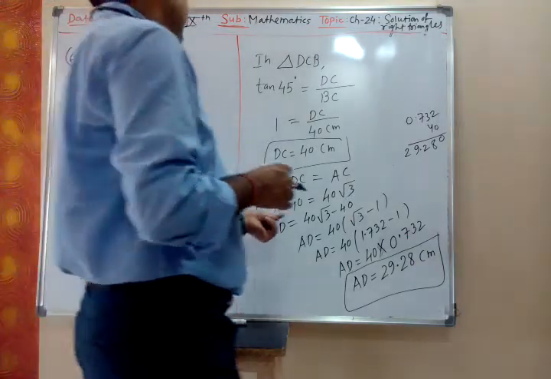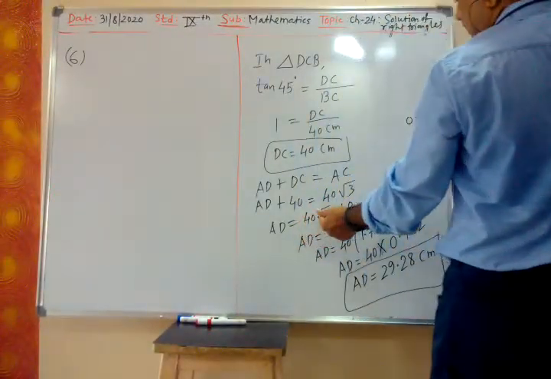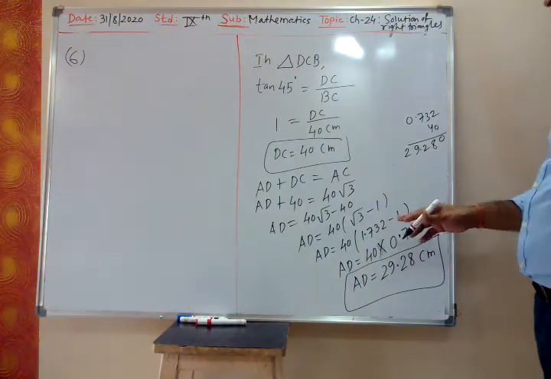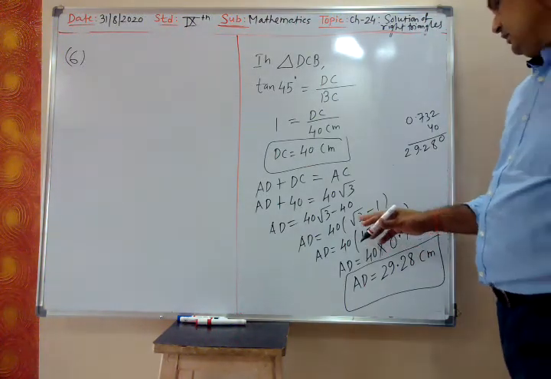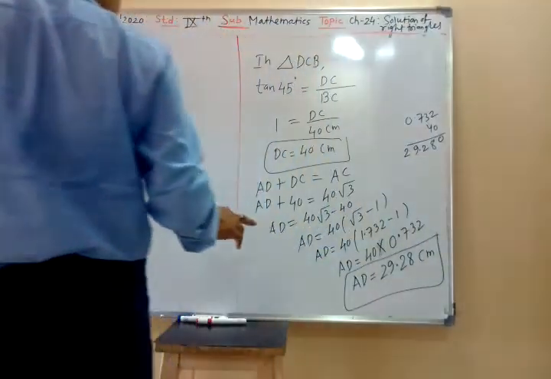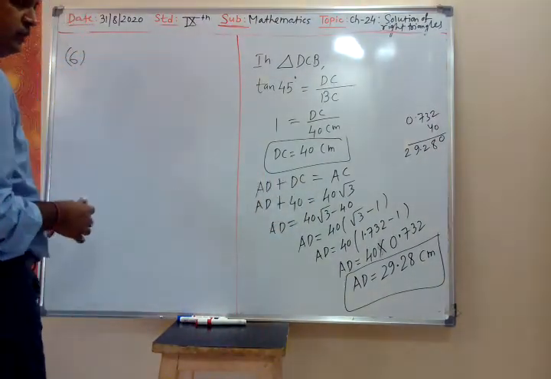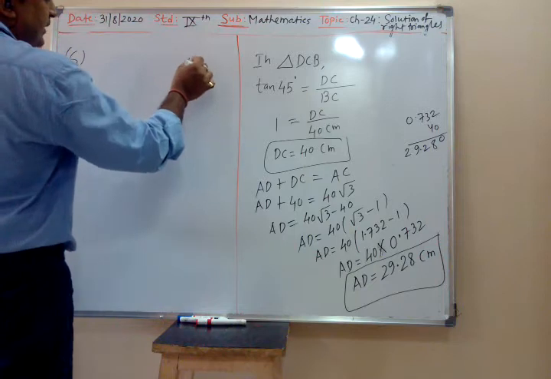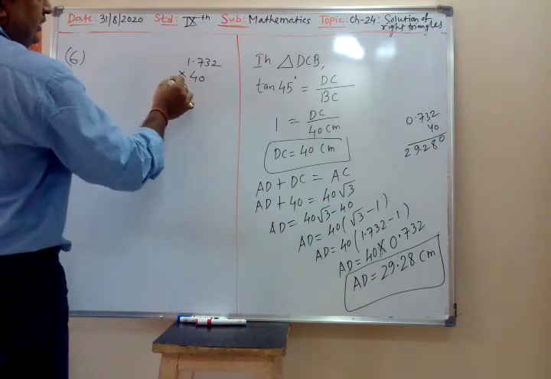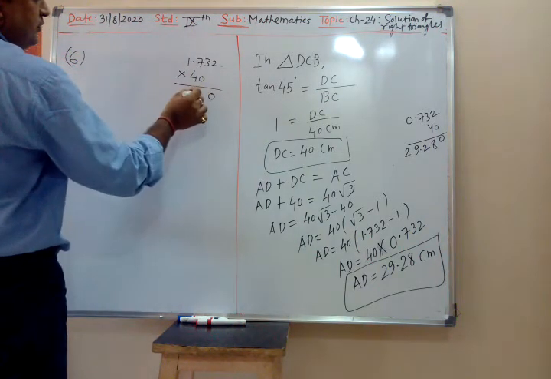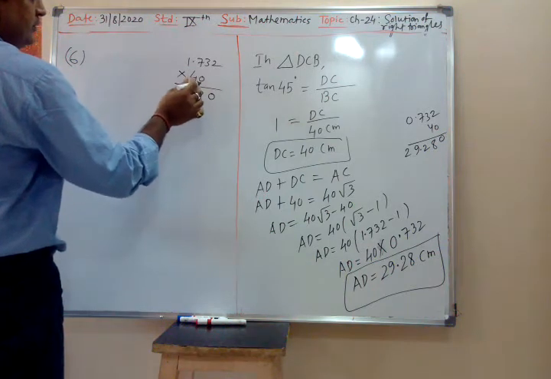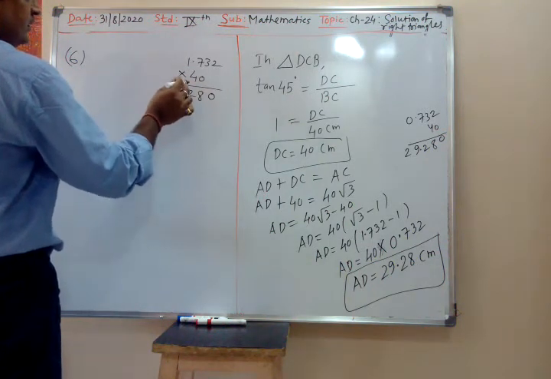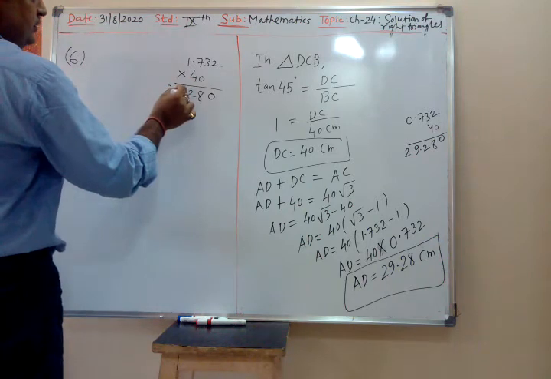Last step, it is 40 into 1.732. You multiply, no? 40 into root 3. 0, 4 2 is 8, 4 is 12. This is 29.280.